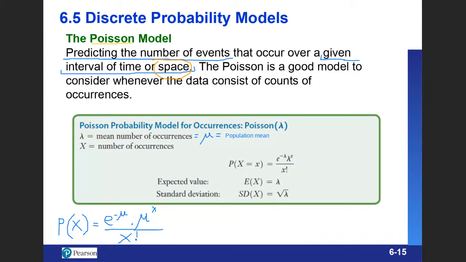X is the number of occurrences, meaning the number of events that occur in a given interval of time or space, that desired outcome. So either it's number of trucks crossing the border every hour, or the number of typos per 100 pages.